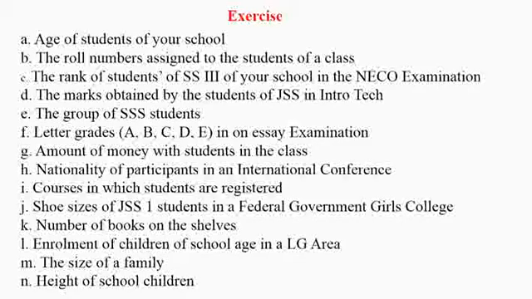Then H, the nationality of participants in an international conference is just like the group of SS students. Talking of nominal, you are naming them or identifying them by the nation, the nationality. Then courses in which students are registered. No difference from what we have said in H. So it's still a nominal scale measurement.